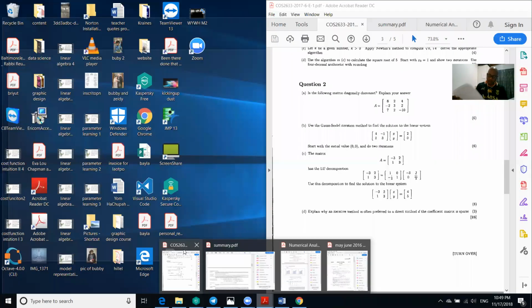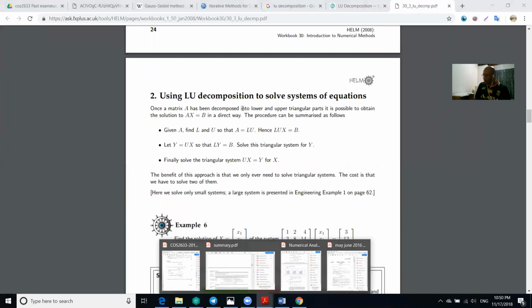You find anything similar? No, I'm trying to check everything I have here.